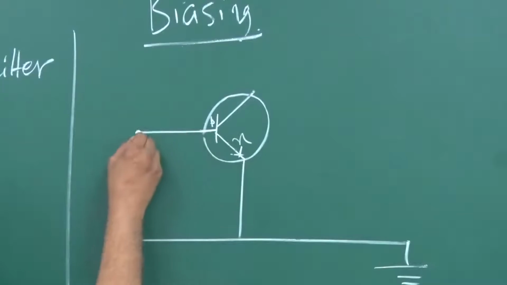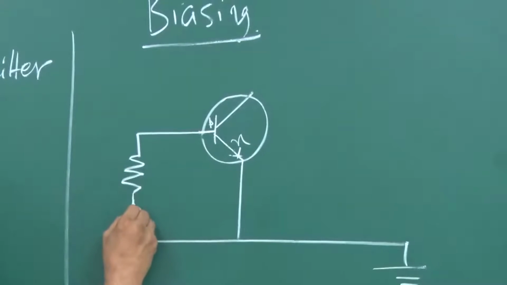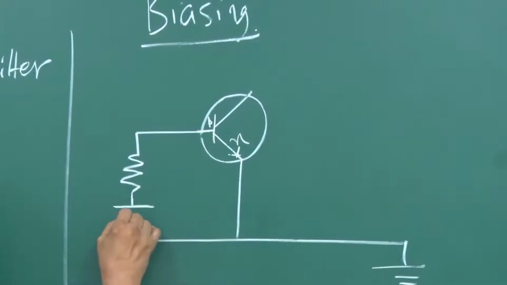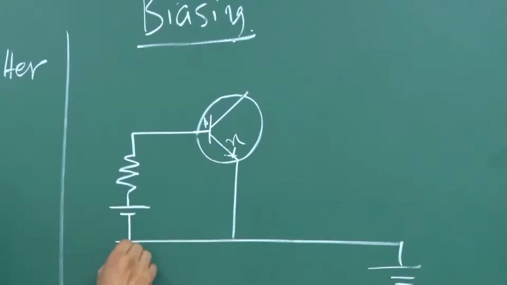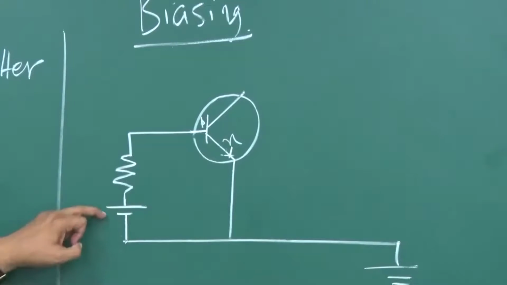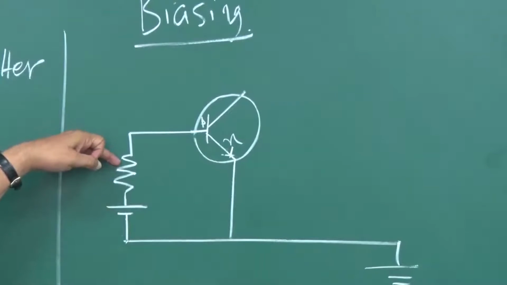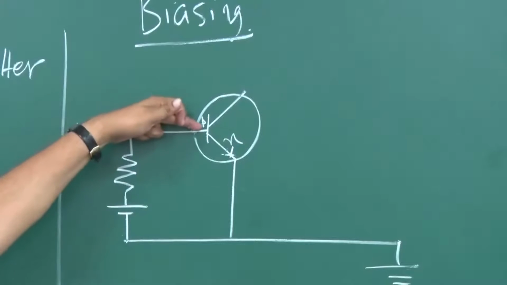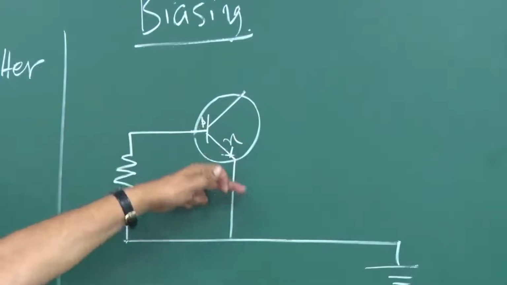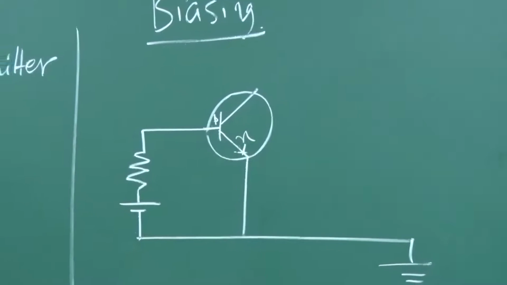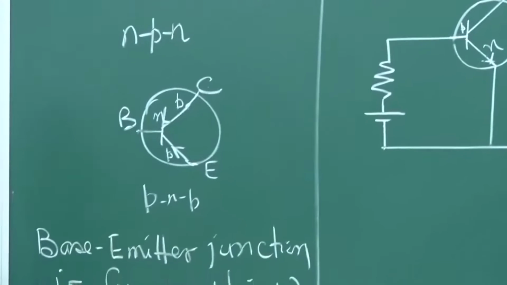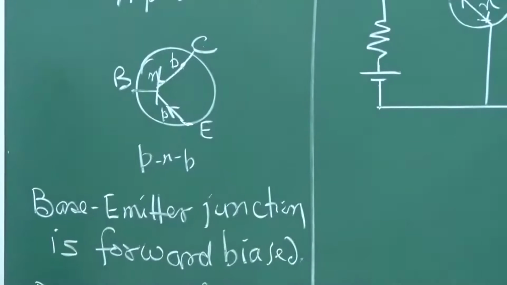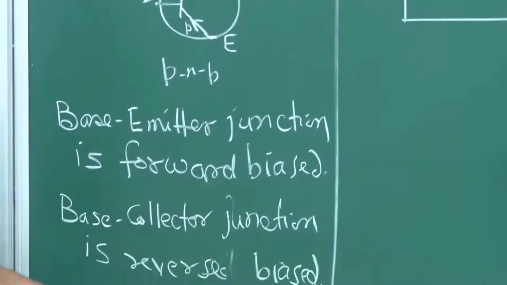So, if I bring it here, put a resistance and then put the positive of the battery with this, so that this is at a higher potential as compared to the emitter. So, the base emitter junction is forward biased. And then the base collector junction should be reverse biased.